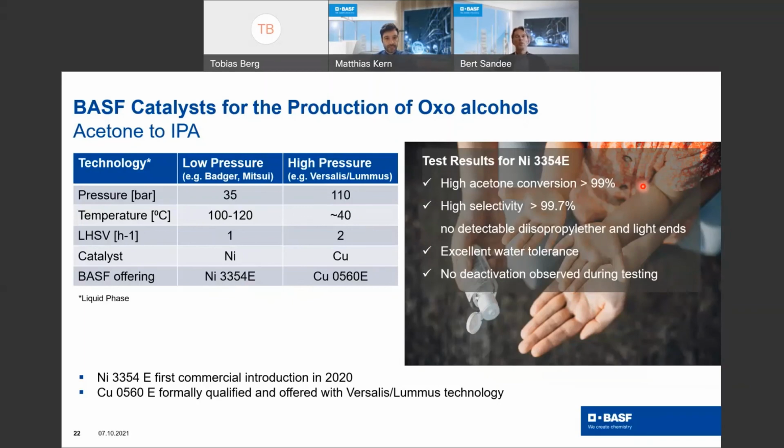We blew the GC up in detail and did not find any diisopropyl ether or lights in those tests, and it shows very good water tolerance. So these results yielded our first commercial references in 2020 for 3354. Versalis Lummus offers copper-based technology, and in the meantime have qualified our chromium-free copper catalyst, copper 0560, and this is now offered with that technology.